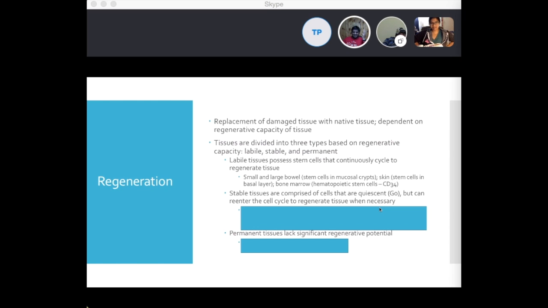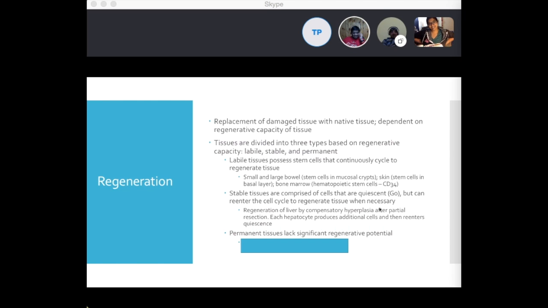Yes, liver. The liver is the classic example. And regeneration can occur by compensatory hyperplasia after partial resection. So you resect the liver, it can compensate by hyperplasing. I'll pretend that's a word for today.